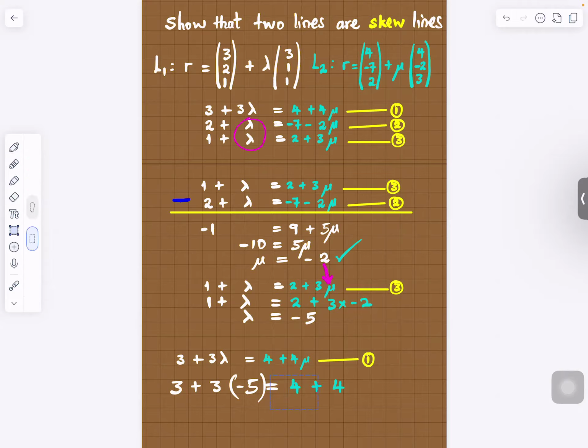Sometimes instead of putting times, it's good to put brackets. It's 4 times (minus 2). This side will give you minus 12, and the other side will give you minus 4.